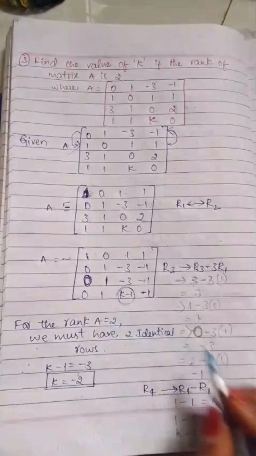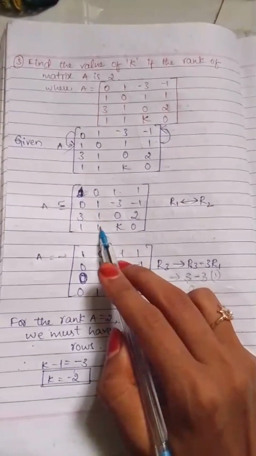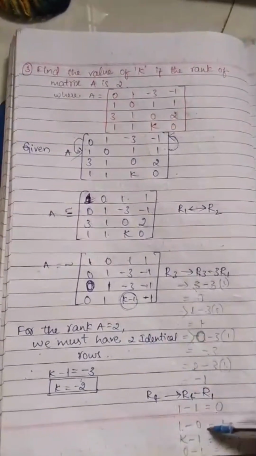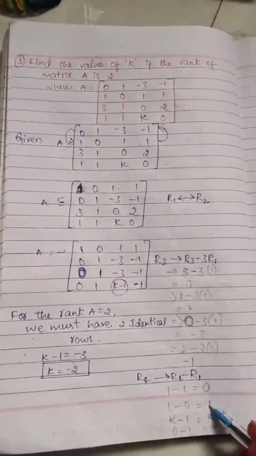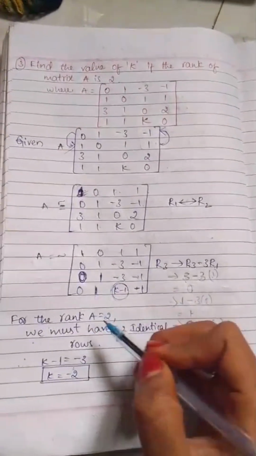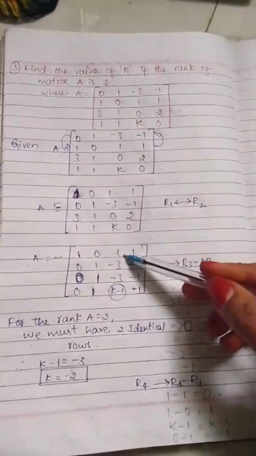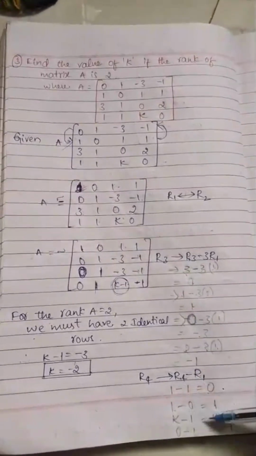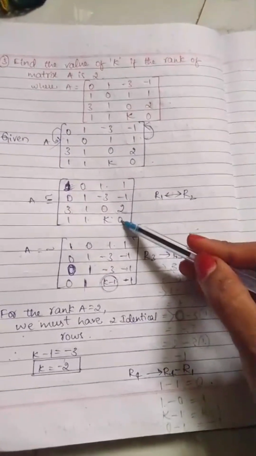Again R4 is 1 and R1 is 0, 1 minus 0 is 1, so change the value to 1. Again I have R4 here, that is K, and R1 is 1, so K minus 1 stays as it is. And R4 is 0, 0 minus 1 will be minus 1.